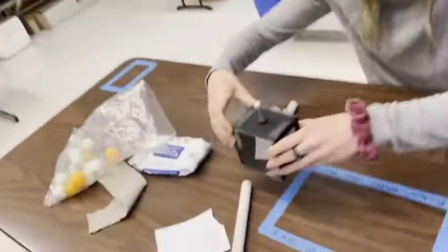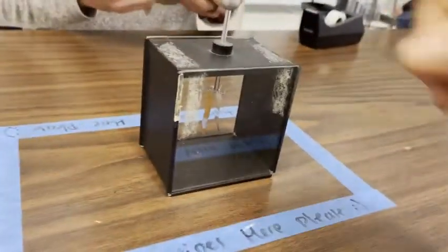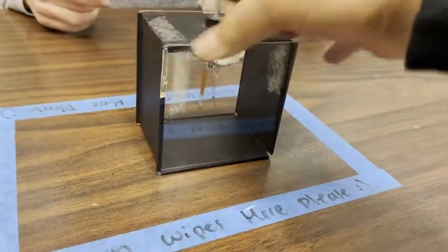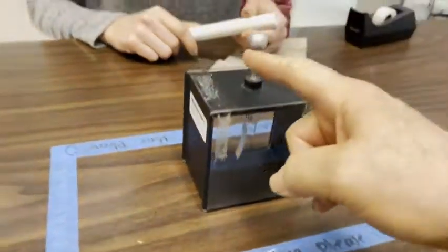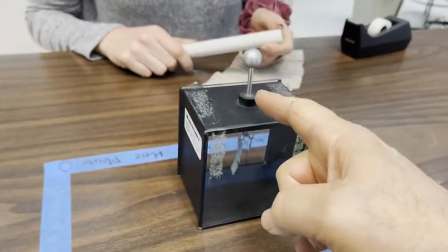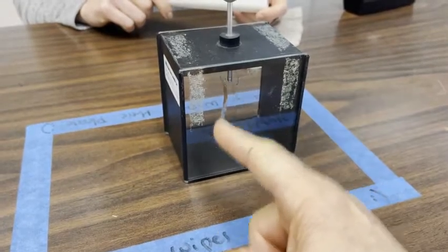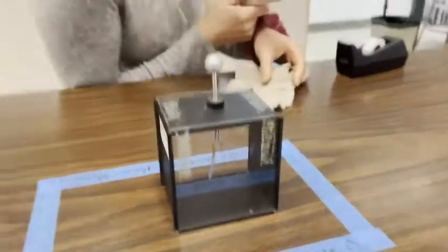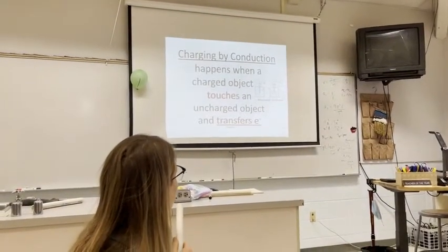Here's the electroscope. What you've got is a rod on the top. Let's turn it around like this, easier to see. Got a rod on the top that is metal, a metal ball, a conductor, a metal rod that goes down, and these 2 leaves are free to move. They're also metal.